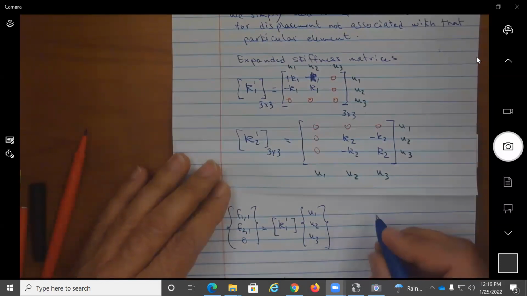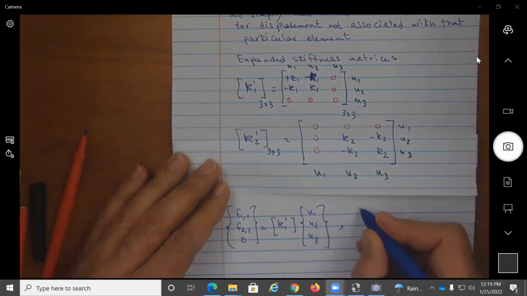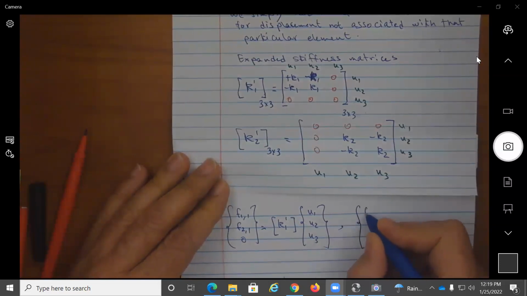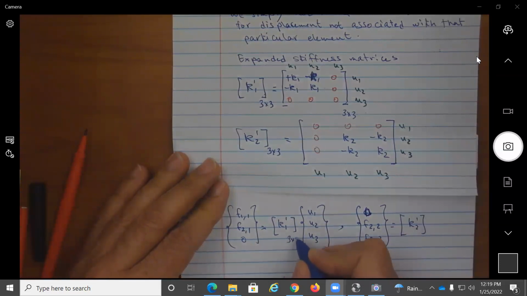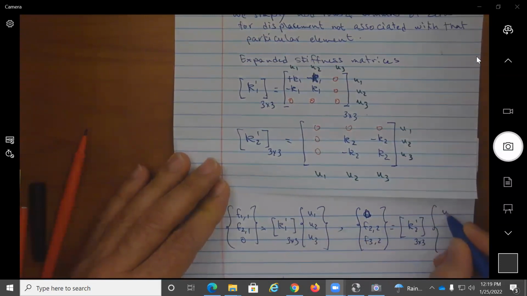And likewise, 0 here, and then F22, and F32 is equal to this K2 prime, which, by the way, this is a 3 by 3, and this is a 3 by 3, multiplied by U1, U2, and U3.